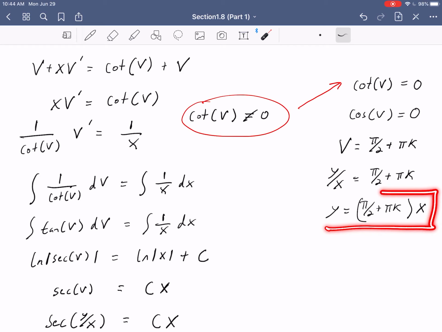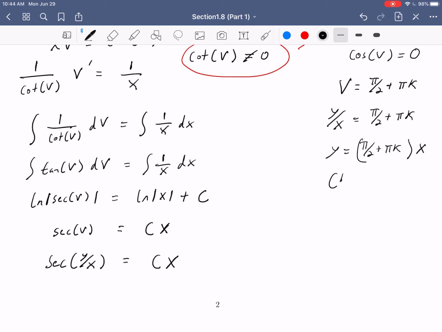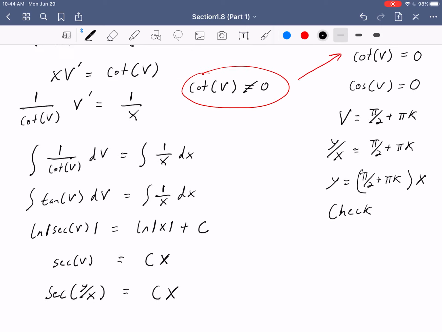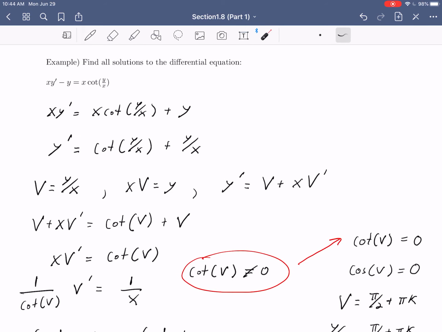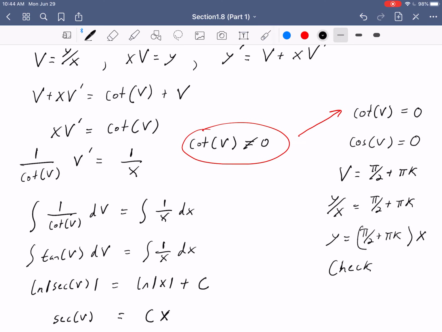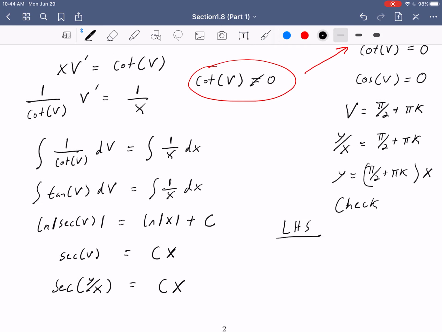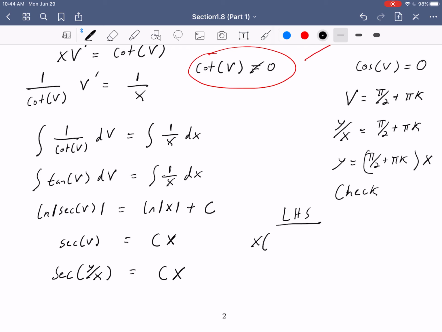Now we need to actually check if these things that resemble this, so basically linear functions with these very specific slopes, actually solve the differential equation. So let's go ahead and check those. If we go back to our differential equation, on the left-hand side, it's going to be a little bit messy, but we would have x y prime.